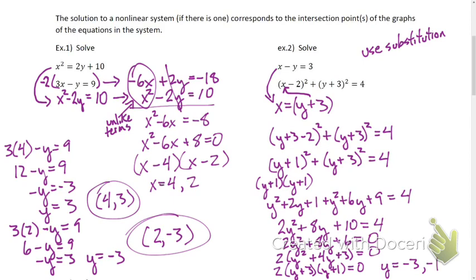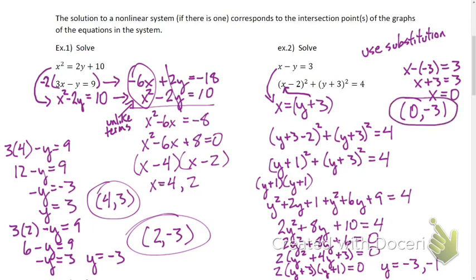So we have two answers. I need to plug those back into the original. I'm going to plug into the first equation up here, and we have x minus negative 3 which means x is 0. So 0, negative 3 is an answer.